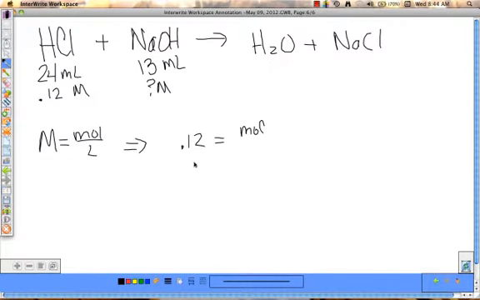Since it's a 1-to-1 ratio, the moles will be equal. Don't forget to change to liters: 0.024 liters, and this is 0.013 liters. So how many moles?